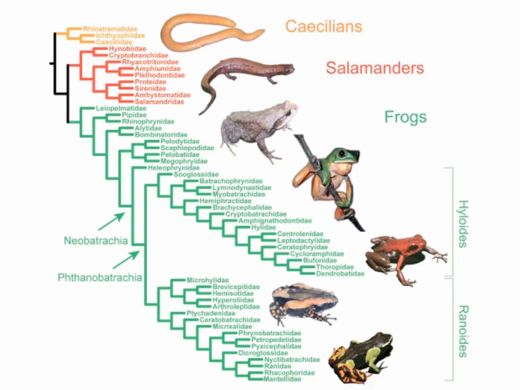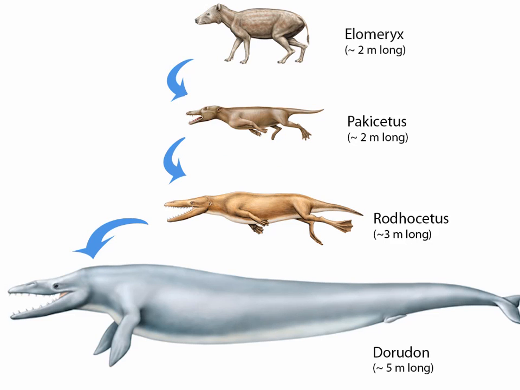Because scientists constantly accumulate new and better information, it's reasonable to expect that these phylogenies are going to change from time to time. For example, until recently, scientists hypothesized that the ancestors of whales were a type of carnivore, but new evidence demonstrates that whales are actually more closely related to things like cows and pigs and other hoofed animals.